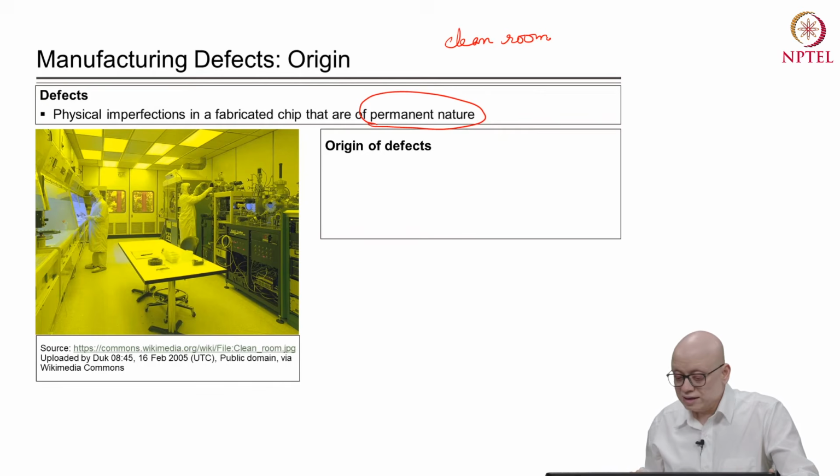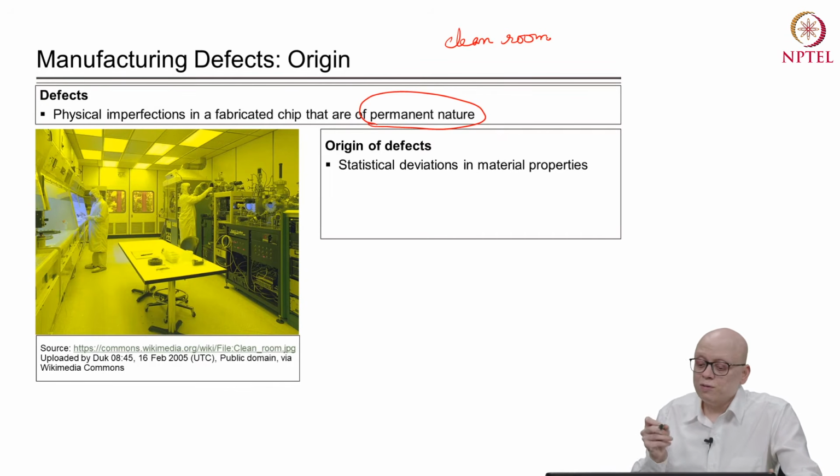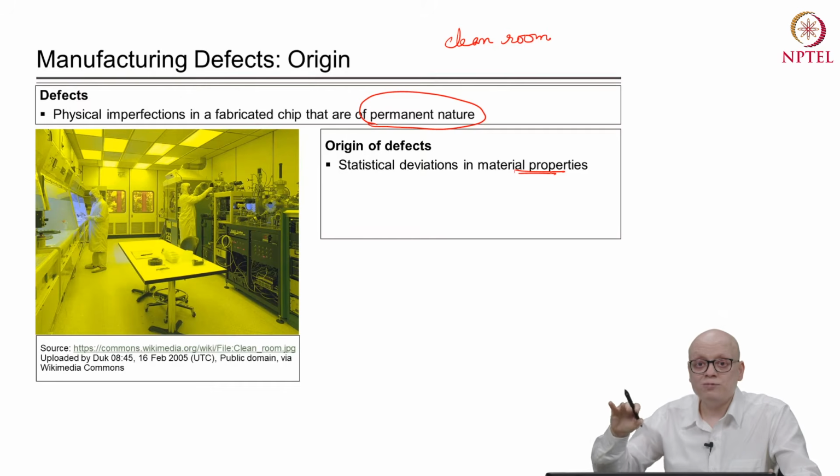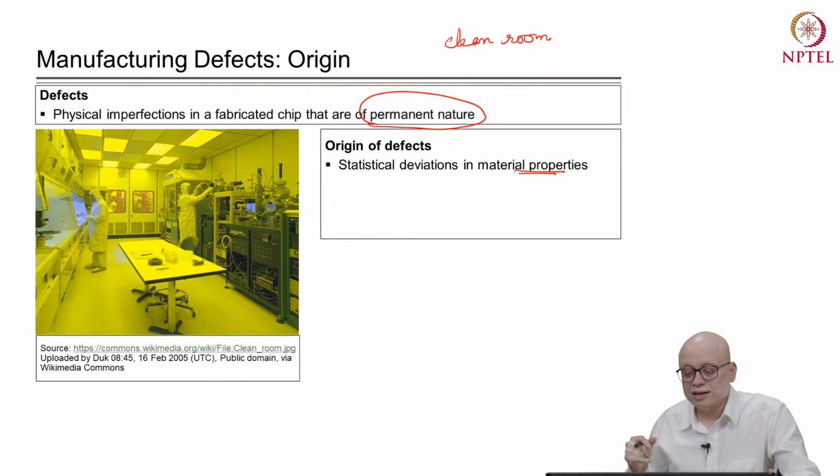So, the defects originate because of many reasons. Some of them are statistical deviations in the material properties, maybe the materials that we use in fabrication, maybe the chemicals, those may have some statistical deviations, right. For example, the concentration may not be exact, but have some deviations in the concentration of say the acid that we are using in our manufacturing, or there can be finite tolerances in the process parameters.